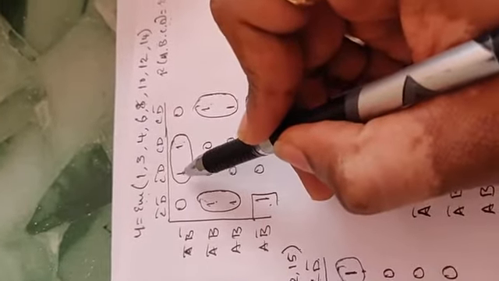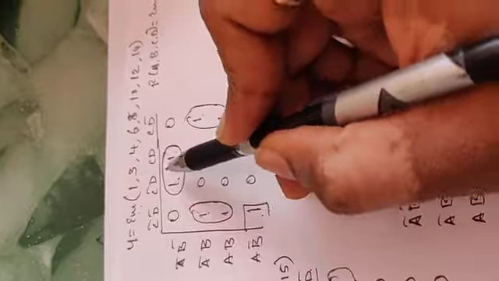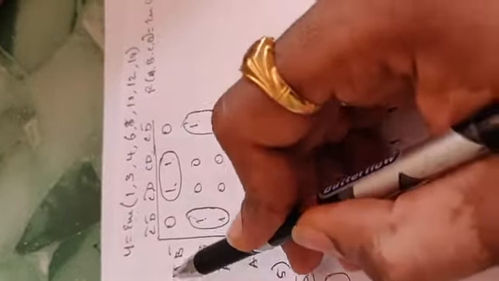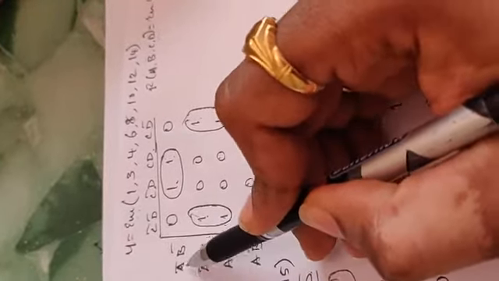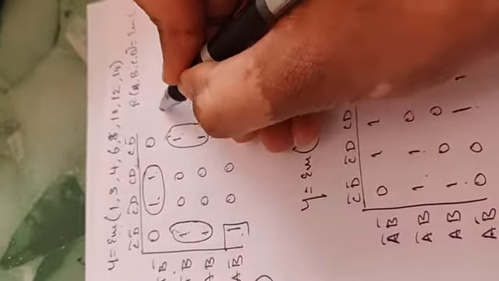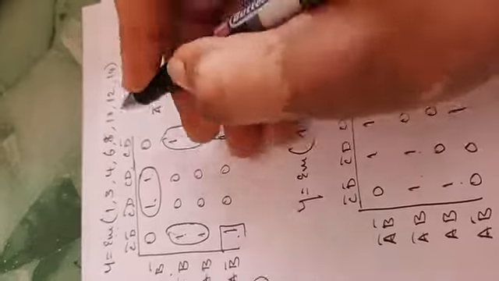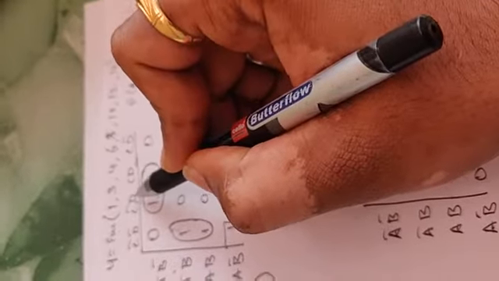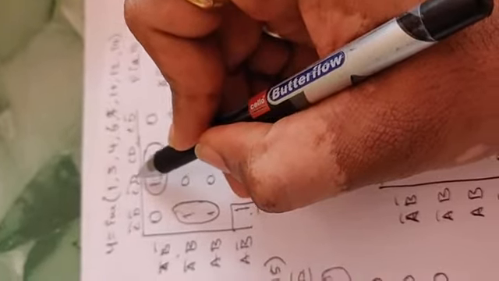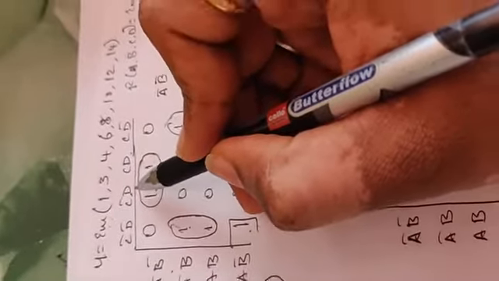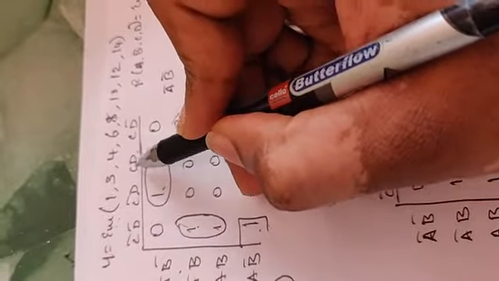Okay, so whenever there is a horizontal group, you need to concentrate on this, and this. There is nothing to do with here, just write as it is, A bar, B bar. Look at these two. What is common here? C bar D, C D. What is common?